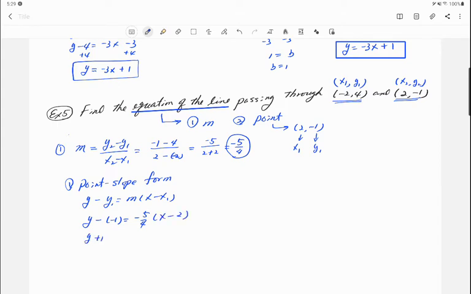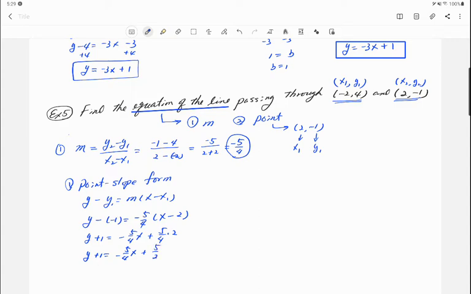Then y plus 1 equals, now distribute, negative 5/4 times 2, right? So y plus 1 equals negative 5/4 x plus, reduce it, 5/2.